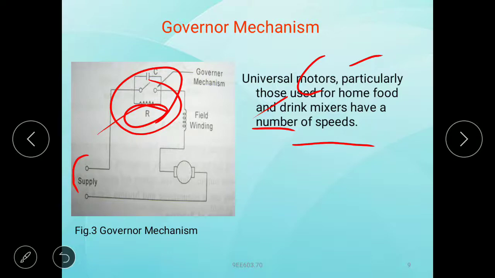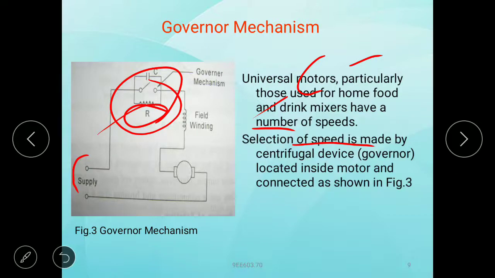Selection of speed is made by a centrifugal device, that is the governor. It is located inside the motor and it is connected as shown in figure 3. The governor is nothing but a centrifugal device.